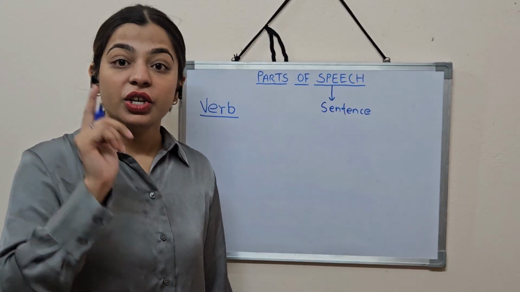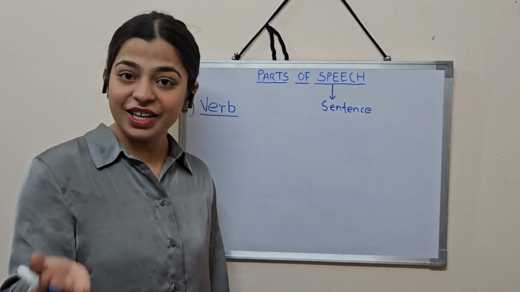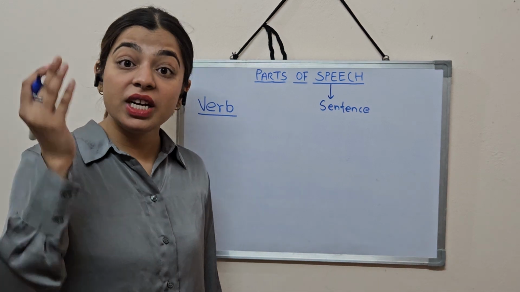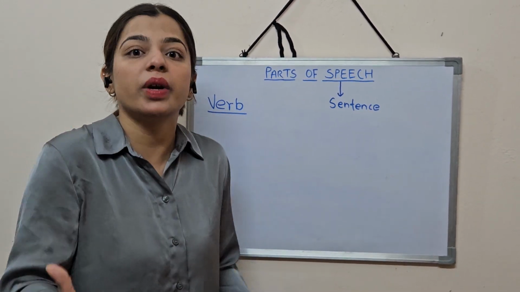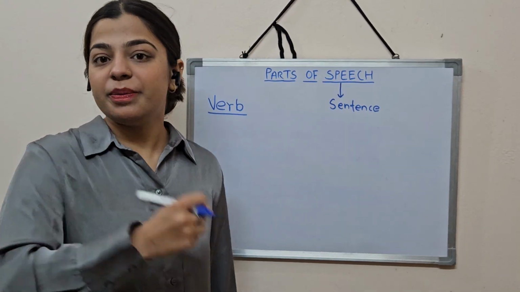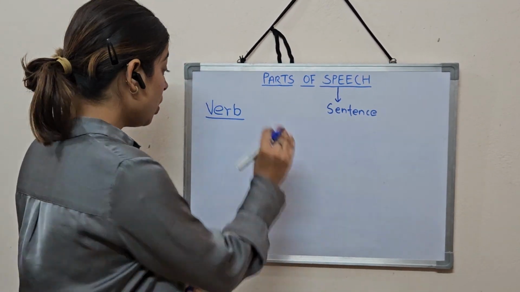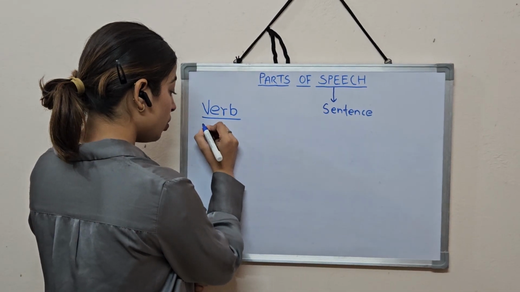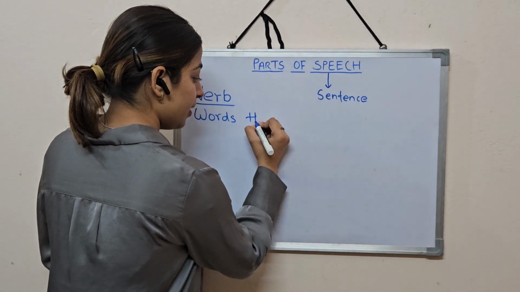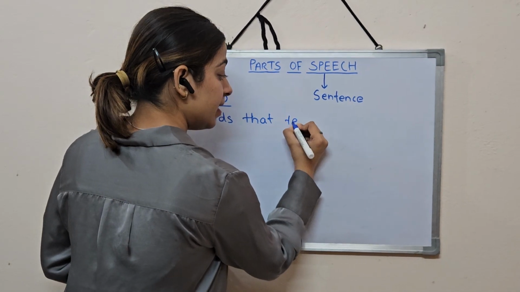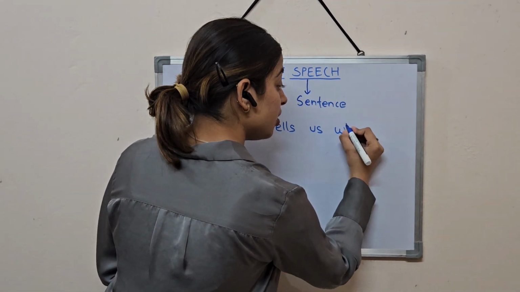For example, you are listening to me right now. And what are you? You are a person, right? So, you are a noun and you are listening to me. So, listening is what? Listening is something you are doing, right? So, listening will be the action word. Now, simply I can say verbs are those words that tell us what a noun is doing.